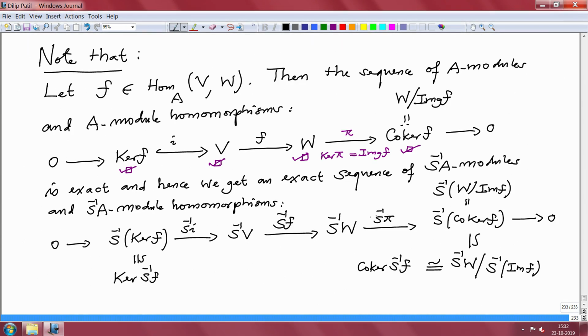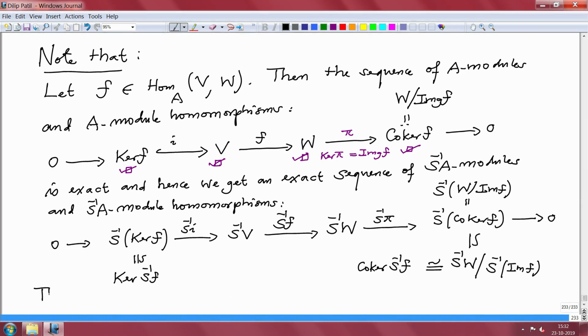We have checked yesterday that S inverse and this residue class operation commute with each other, but kernel and co-kernel also commute with this operation.